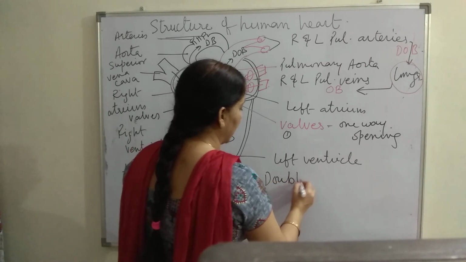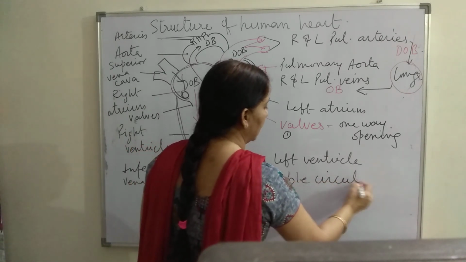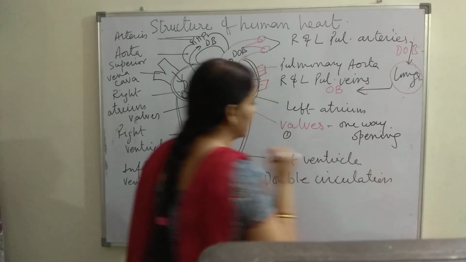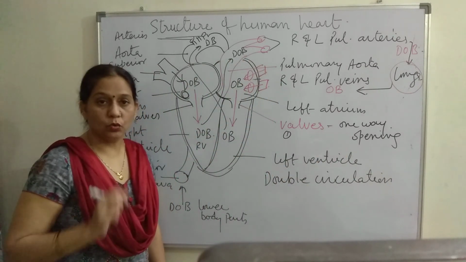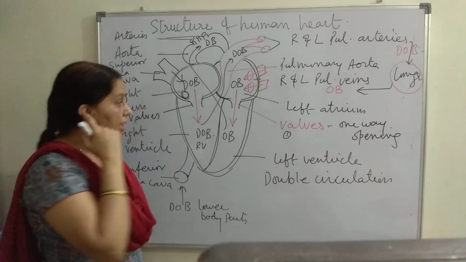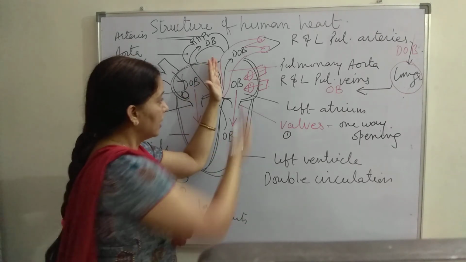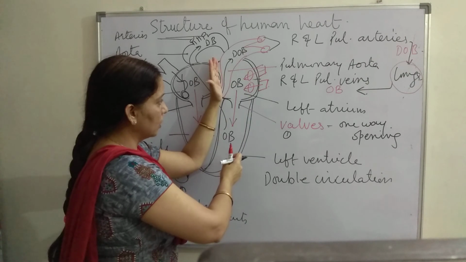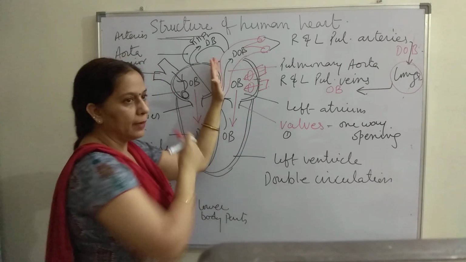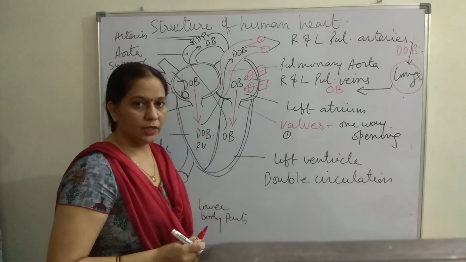It is ensuring double circulation, which means flow of blood twice through the heart and once through the lungs. There is complete separation of blood. This way, the left chambers always carry oxygenated blood and the right chambers always carry deoxygenated blood.